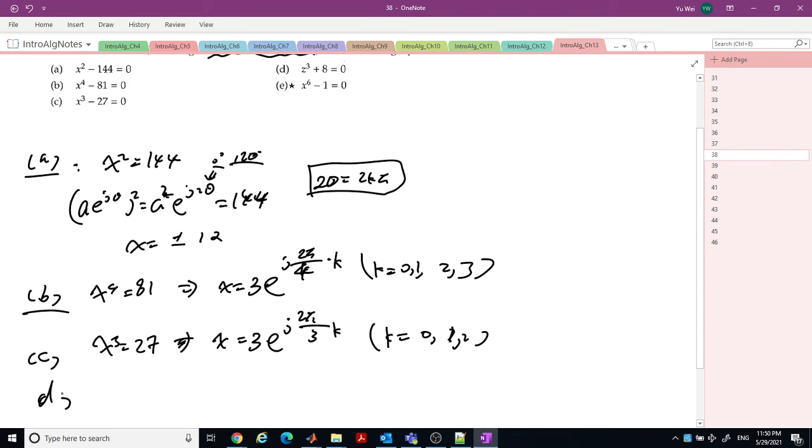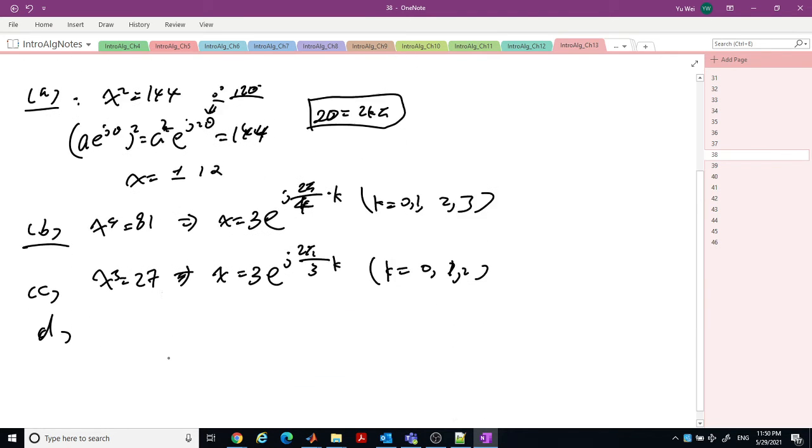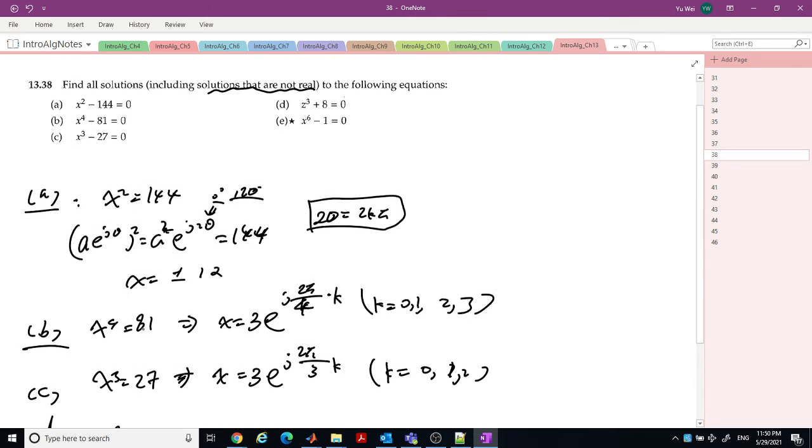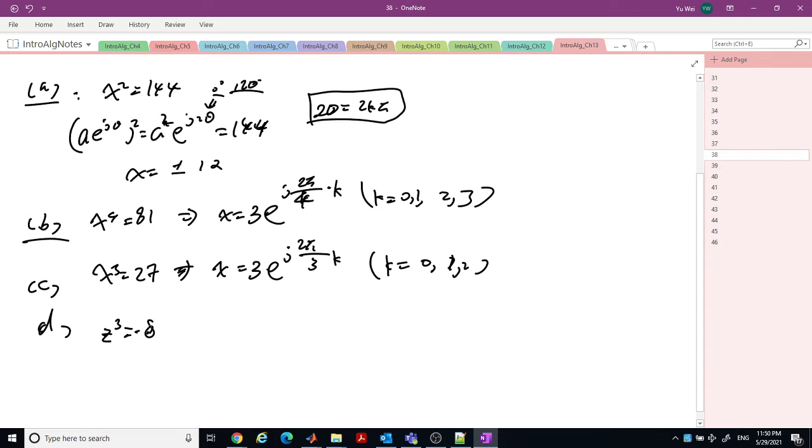The d is z cubed equal to negative 8. Right, so you can see z is equal to 2 e^(jπ/3), then e^(j2π/3 k), then k equals 0, 1, and 2.